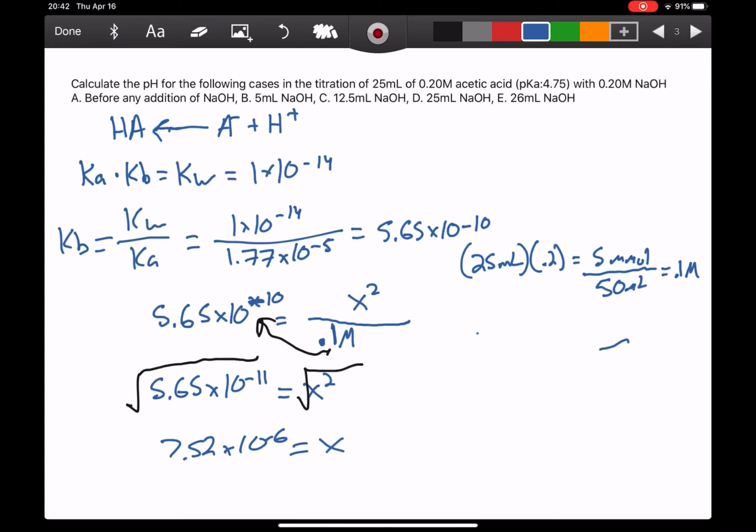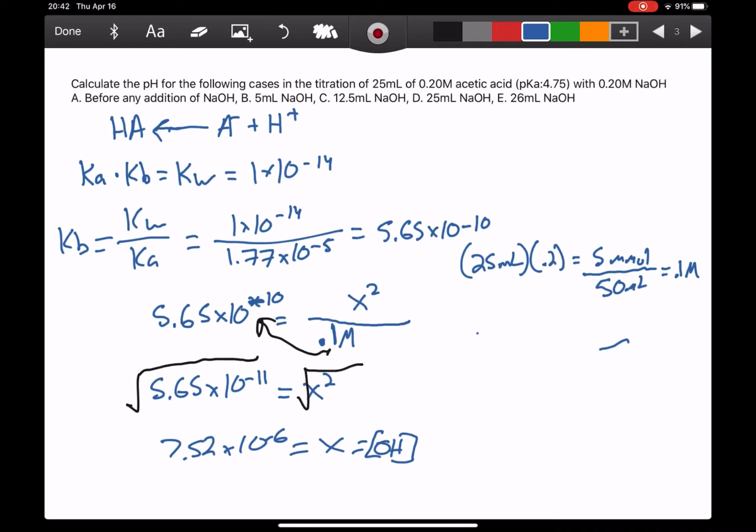So now we can solve to find the pH. We need to use the opposite of log of concentration of hydronium, but this is going to be the concentration of hydroxide in this case. So there's two ways we can go about finding the concentration of hydronium. One, we can divide the water ionization constant by the concentration of OH, and that will give us the concentration of H+.